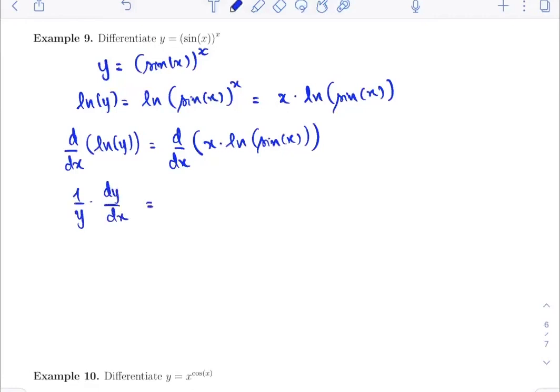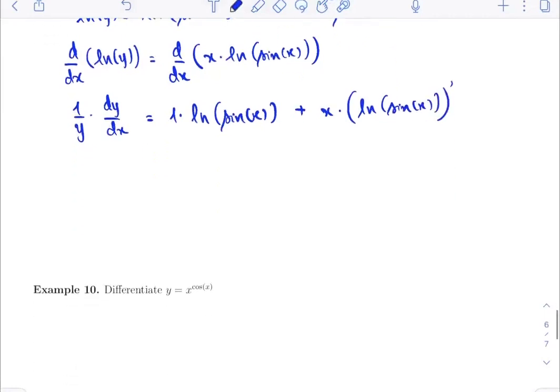And on the right-hand side, you have the derivative of a product. So you have the derivative of x, which is 1, times ln of sine of x, plus x times the derivative of ln of sine of x. So you still have 1 over y times dy/dx on the left-hand side.